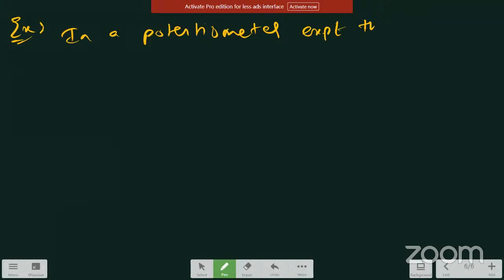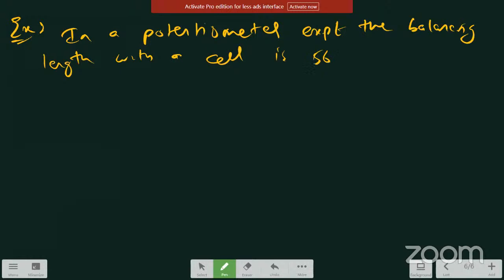Now please do this question. In a potentiometer experiment, the balancing length with a cell is 560 centimeter.